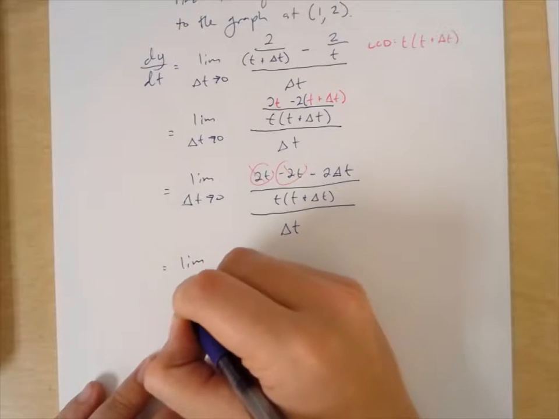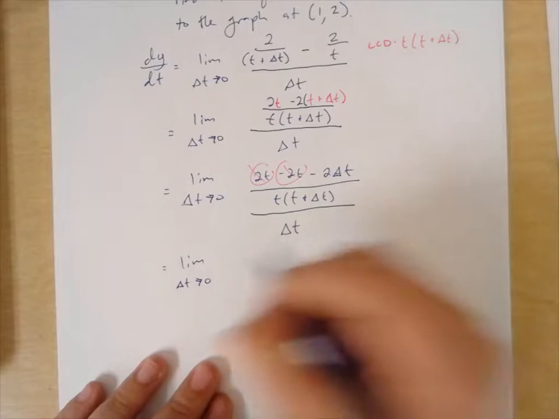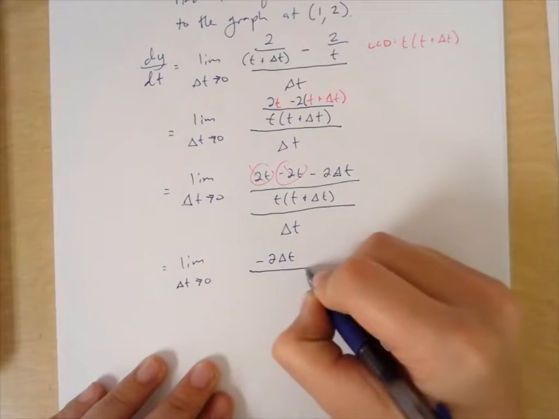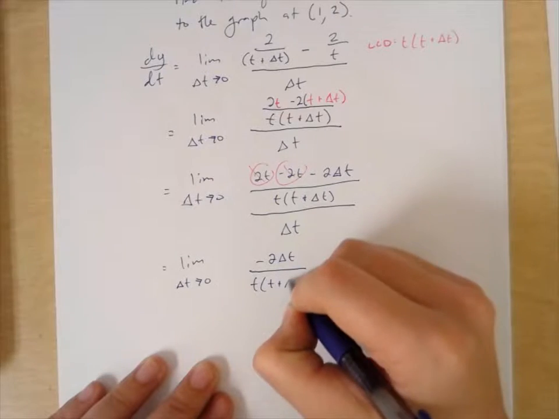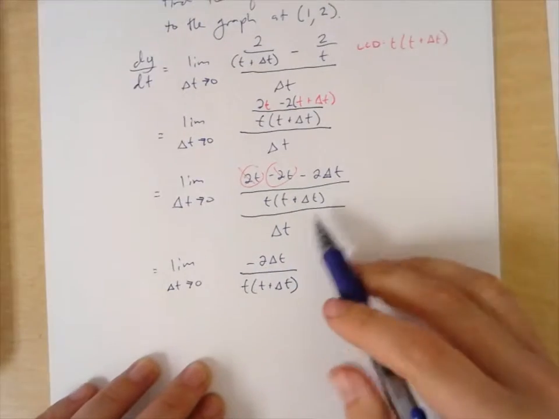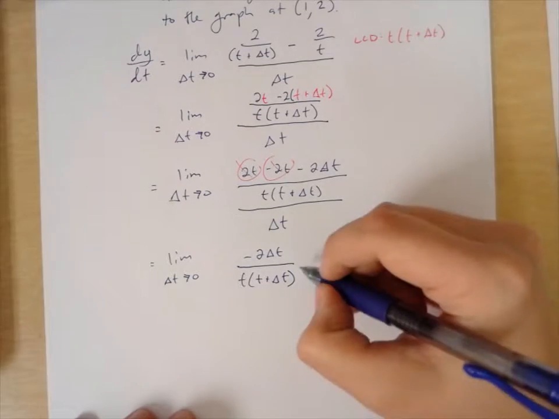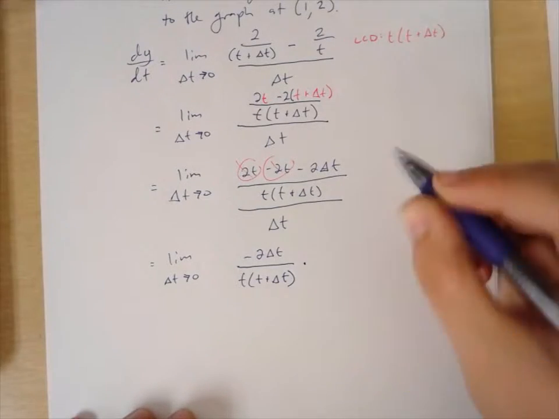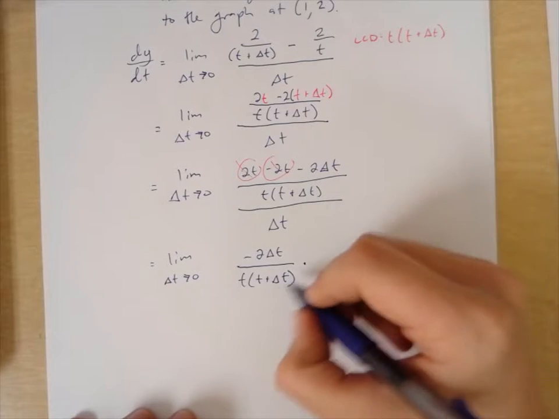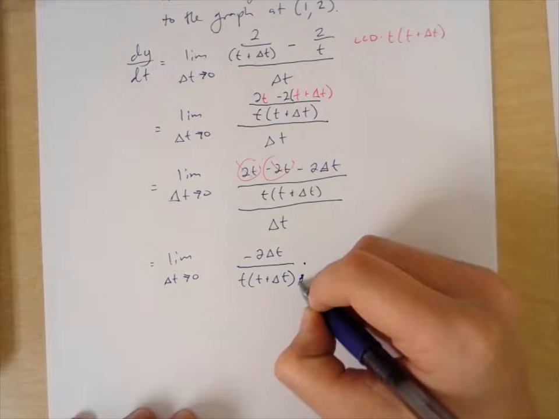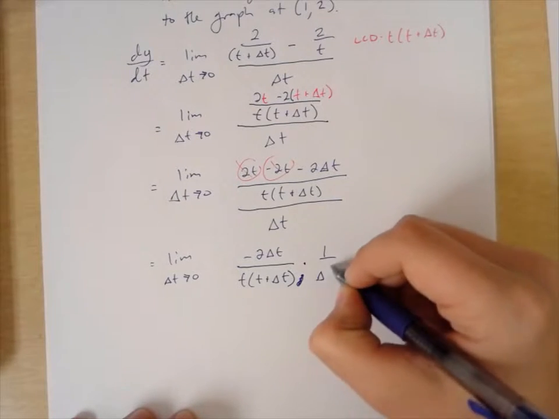And so just going step by step here, we get negative 2 change in t all over t times (t plus change in t). And now instead of writing divided by change in t, I'm going to say times 1 over change in t. You know what? Yeah, let me write that. It's times 1 over change in t.